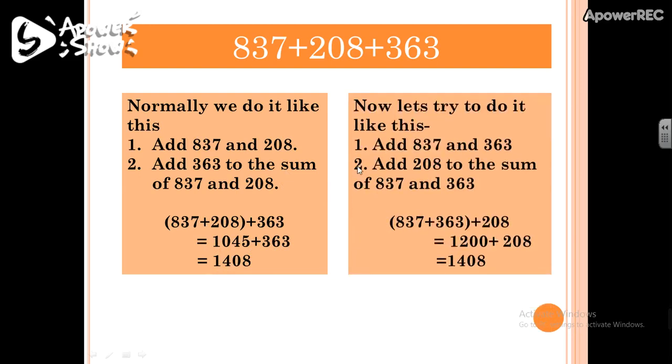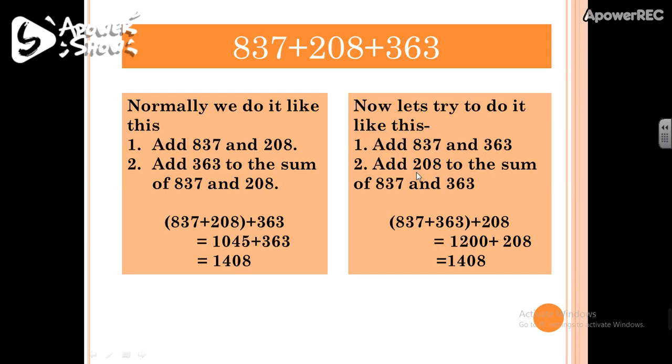Now let's try to find the sum using another way. We are going to add 837 and 363. Instead of adding 837 and 208, I am going to add 837 and 363 before. So the sum is 1200.